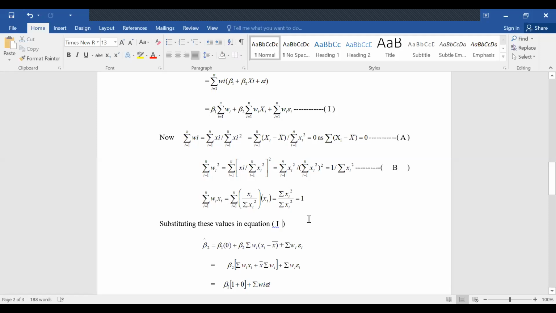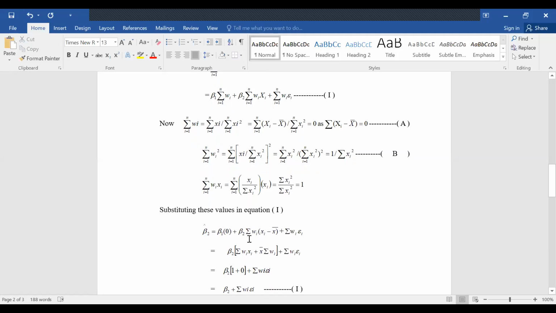So we need to clear it first, what will be the value of summation wi and xi. So it is written over here that summation wi is xi minus.